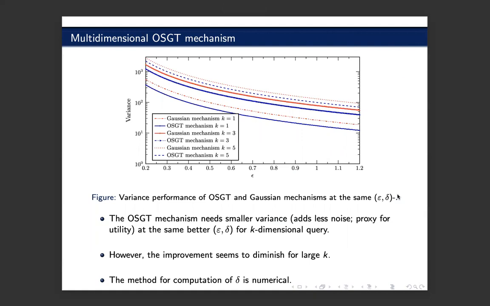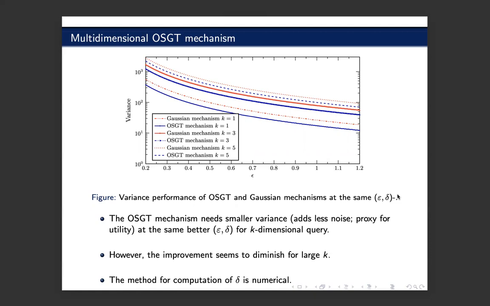I didn't present what delta is here, but for a fixed delta, these are the dimensions of the query: 1 dimension, 3 dimensions, 5 dimensions. Again, the OSGT requires less variance to achieve the same epsilon-delta pair. However, the improvement seems to be diminishing as the dimension goes up.